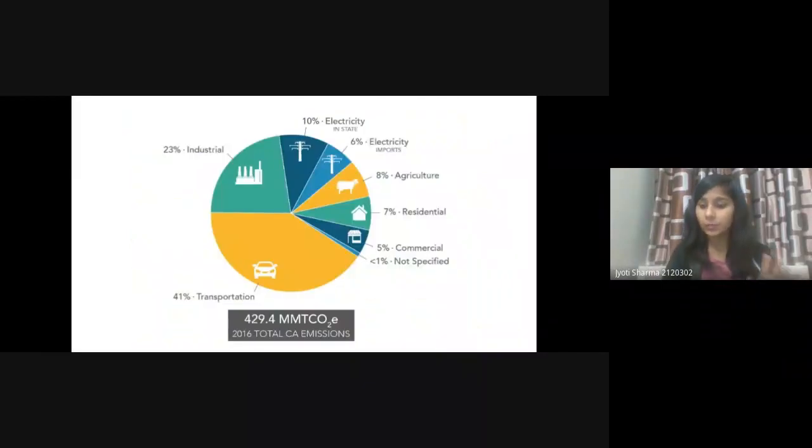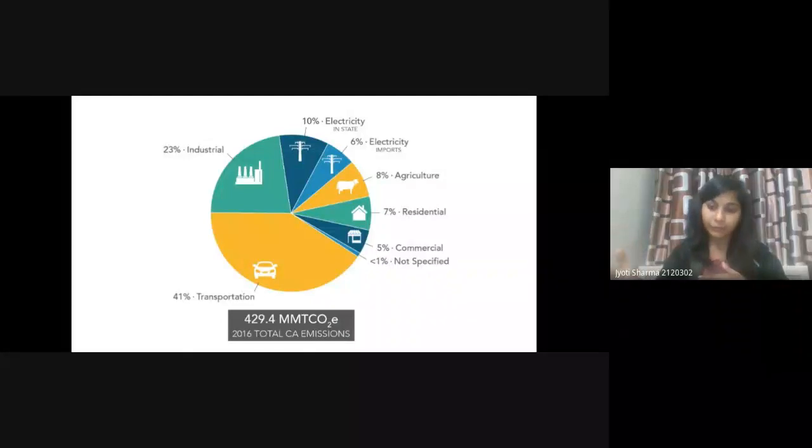Then, okay, I talked about the emission inventory of transport, but there may be different types of emission inventory. For example, this may be for agriculture. Here we can see carbon dioxide equivalent in million tons. So we can see different sectors giving different emissions of carbon dioxide. Different sectors means we are talking about different types of emission inventory.